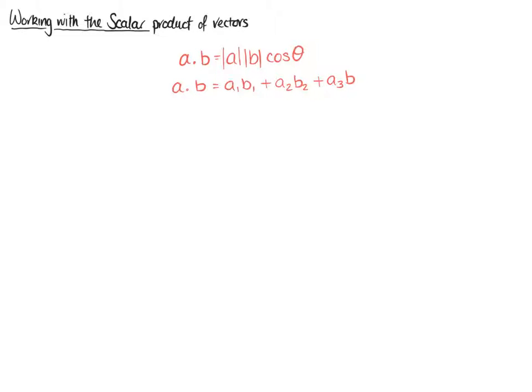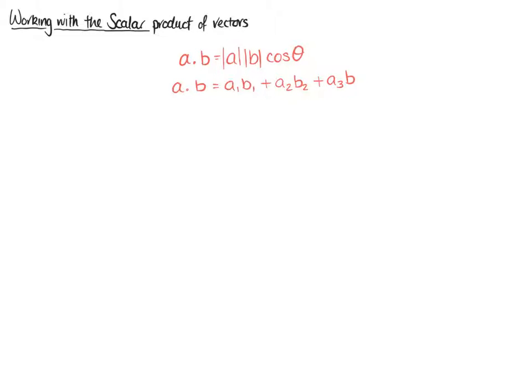So last bit, we are working with properties of the scalar product. So far with the scalar product we have done perpendicular vectors, we found the angles between vectors, and we have found the scalar product. But there are a few properties that we can use to manipulate our scalar products.